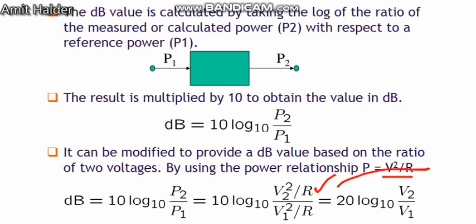So if we know the input voltage and output voltage of a telecommunication system, we can easily find the power in decibels by this equation: 20 log10 of V2 by V1, that is, the received voltage divided by the input voltage.